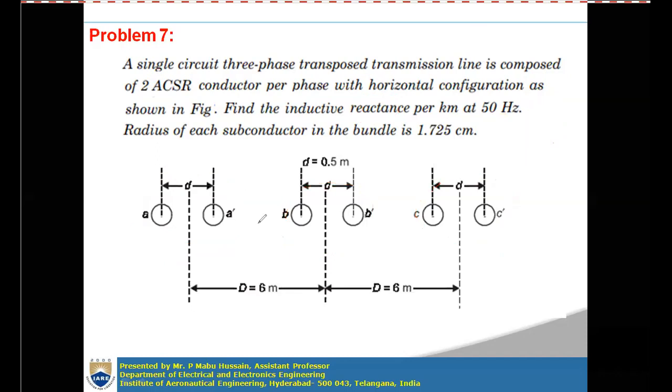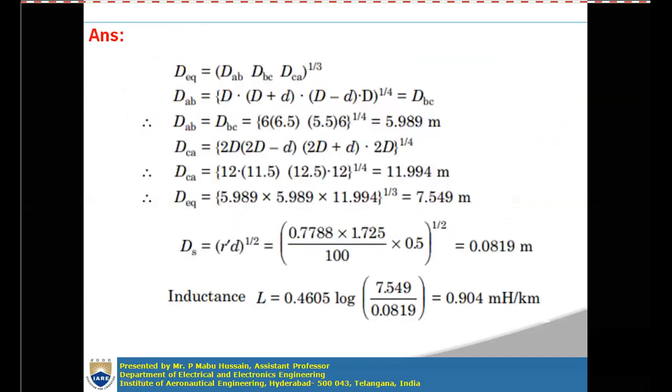Here also, for a single phase circuit line, the same formula is used: L is equal to 2 into 10 power minus 7 ln DM by DS in Henries per meter. If you want millihenries per kilometer, the formula is different. You can directly calculate in millihenries per kilometer using L is equal to 0.4605 log, here not ln but log to the base 10, DM by DS.